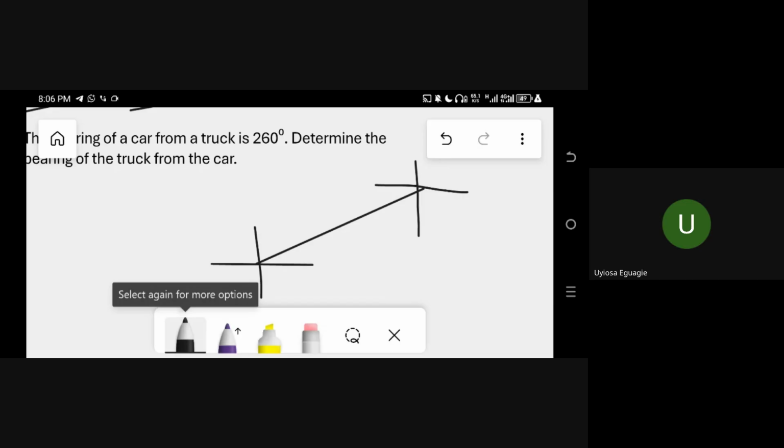From here to here is 260 degrees, measured from the north to the line you drew. Then it will meet this other point at the northeastern part. So that's why it's arranged that way, drawn from the third quadrant.